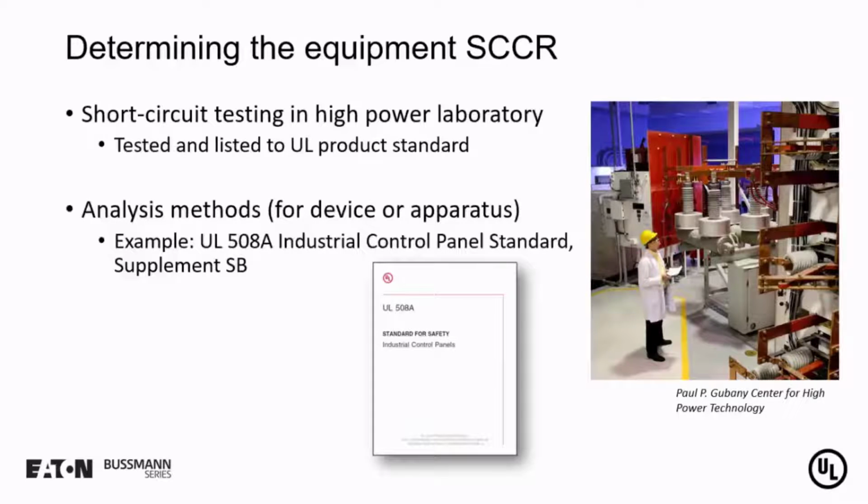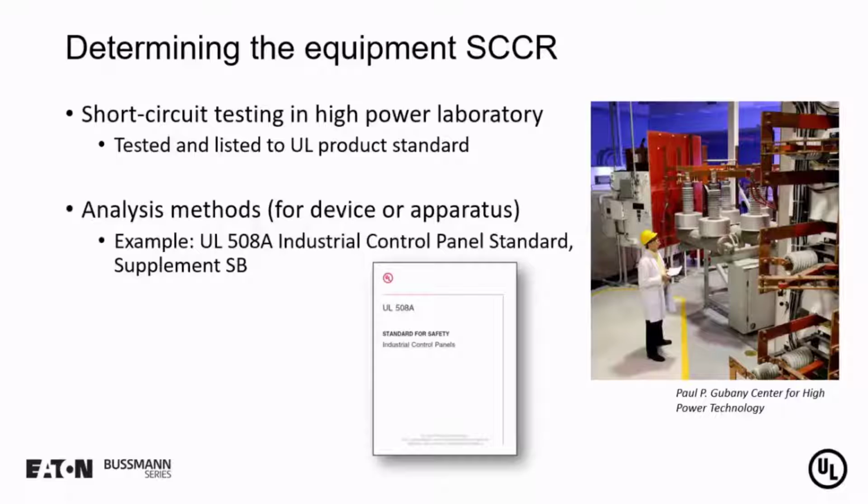Well, whether it's a panel or a complete machine, as we discussed, there are basically two ways to determine equipment short circuit current ratings. The first way is by doing testing of the equipment. And this is very common for components.